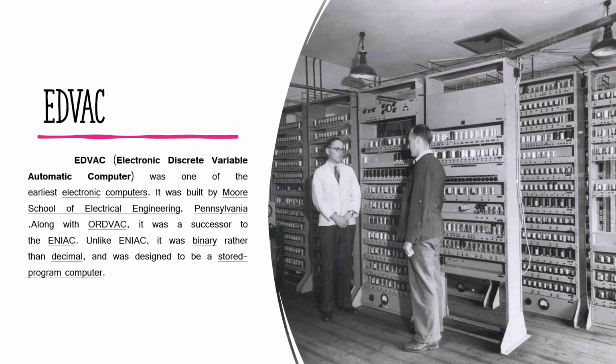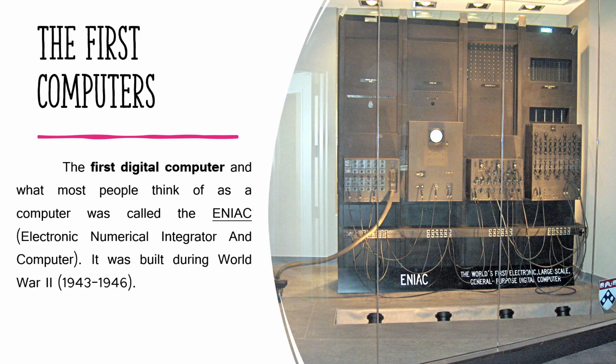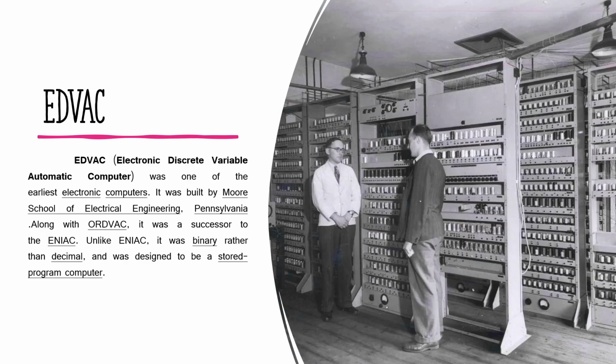The Electronic Discrete Variable Automatic Computer, EDVAC, was then the successor of the ENIAC, and was built by the Moore School of Electrical Engineering in Pennsylvania, along with another kind of computer which I will not discuss here. Unlike the ENIAC, it used a binary system to function rather than decimal, and was designed to be a stored program computer. We'll discuss stored program computers in a minute.